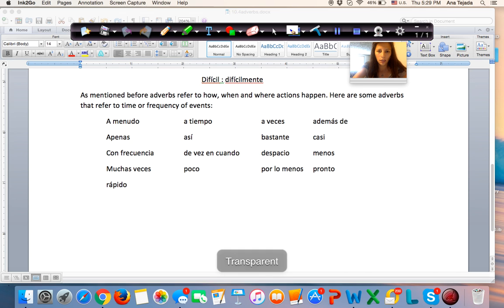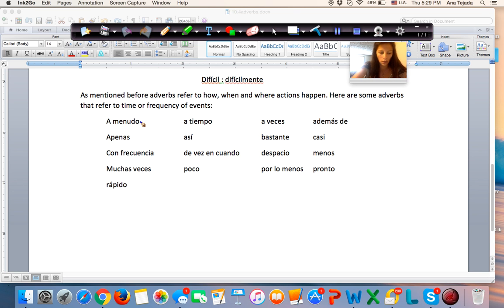Ok, ahora vamos a ver otros adverbios. So as mentioned before, we have adverbs that we use to talk about how, when, or where actions happen. So here are some of the common ones.